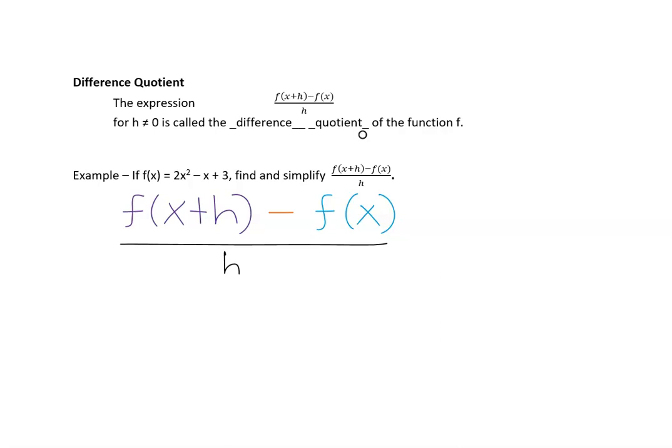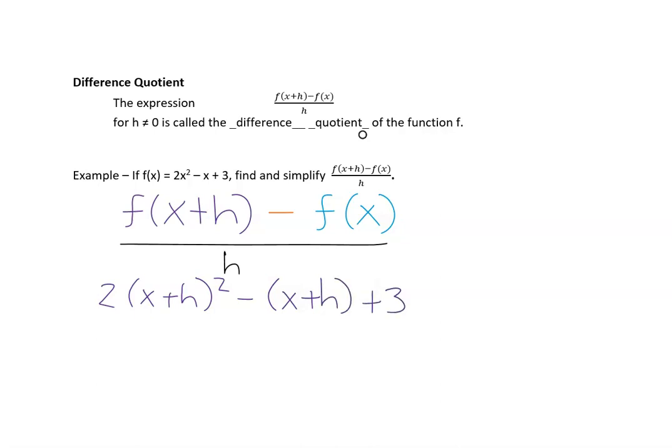Well, remember that f of x plus h simply means take everywhere there's an x on the right side of the function and plug in an x plus h. So we have 2 times x plus h squared minus x plus h plus 3.